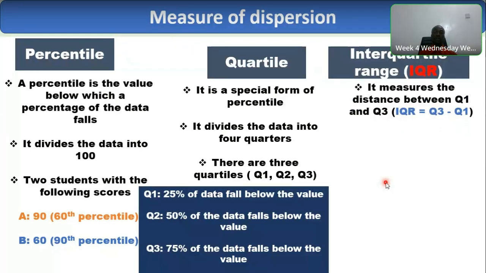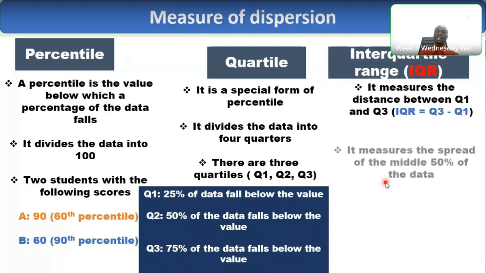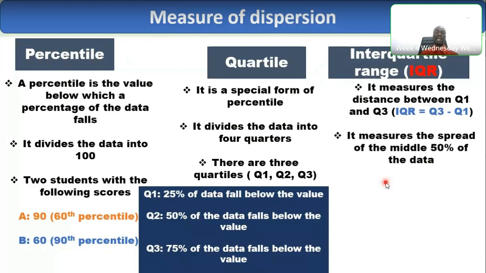But which quartile in particular? It is the difference between Q3 and Q1. You understand? So we want to see how far our third quartile is from the first quartile. In simpler terms, it tells us how the middle 50% of our data is spread.